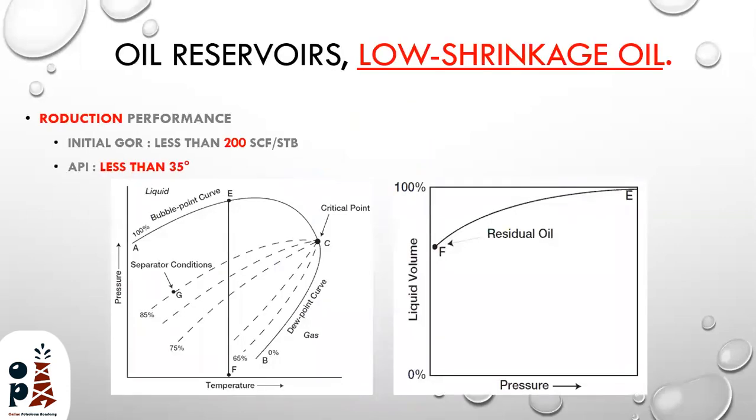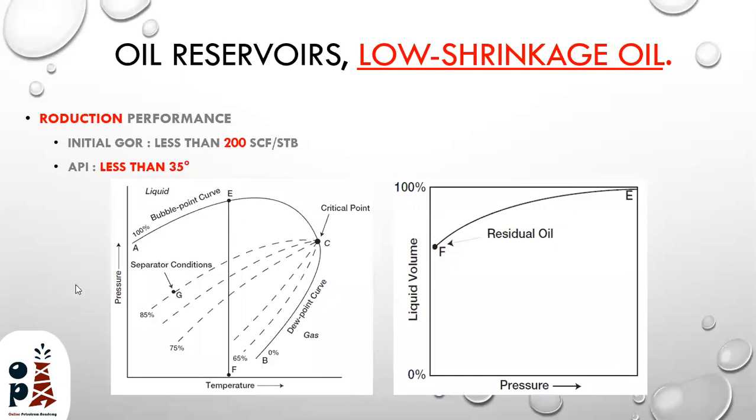For low shrinkage oil reservoirs, in terms of production performance, we have an initial GOR of less than 200 standard cubic feet per stock tank barrel, and the API will be less than 35.